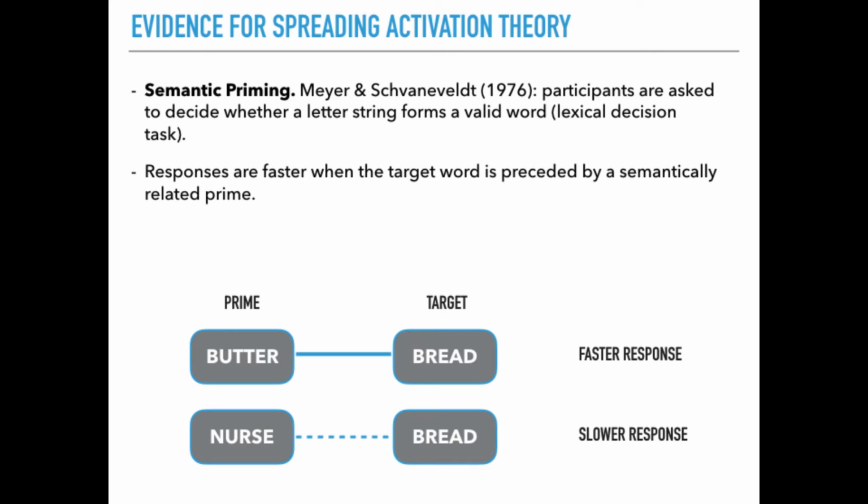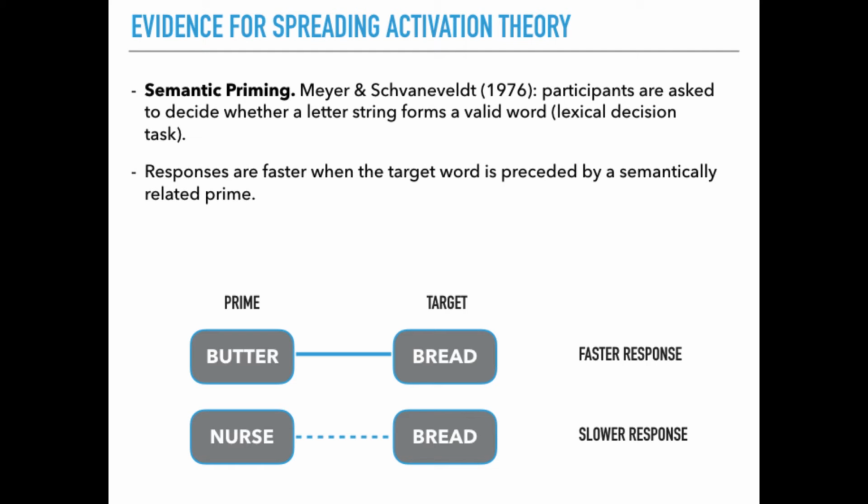It's a pretty straightforward task, but what we're interested in here is looking at small differences in reaction times to confirm whether that target word is a word or is not a word. The key part of this experiment is that the target word is immediately preceded by either a semantically related word or an unrelated word. In this case, the words butter or nurse.